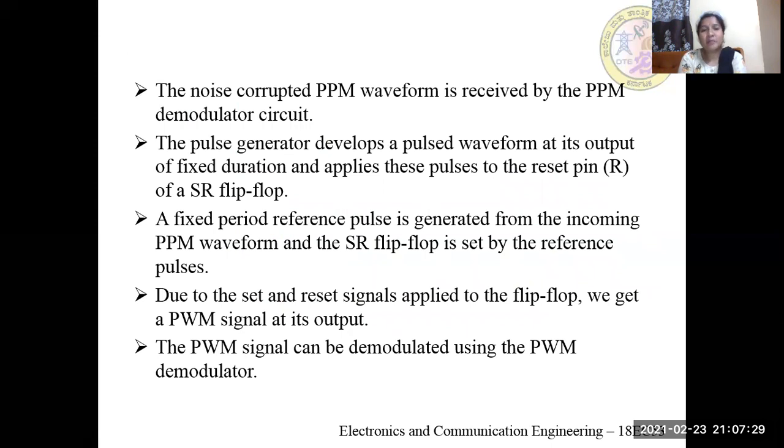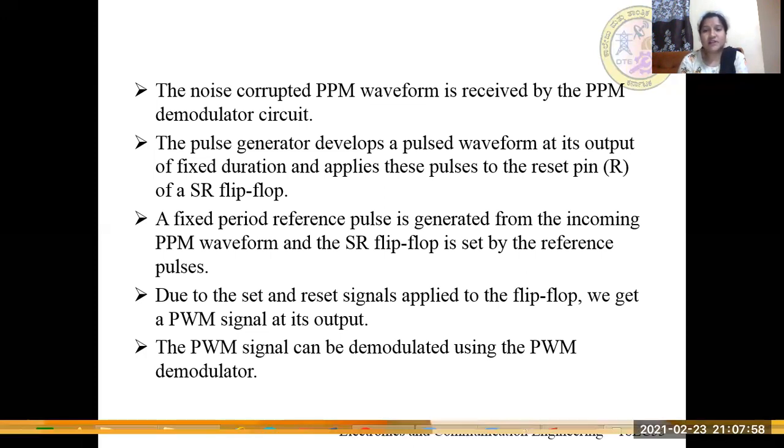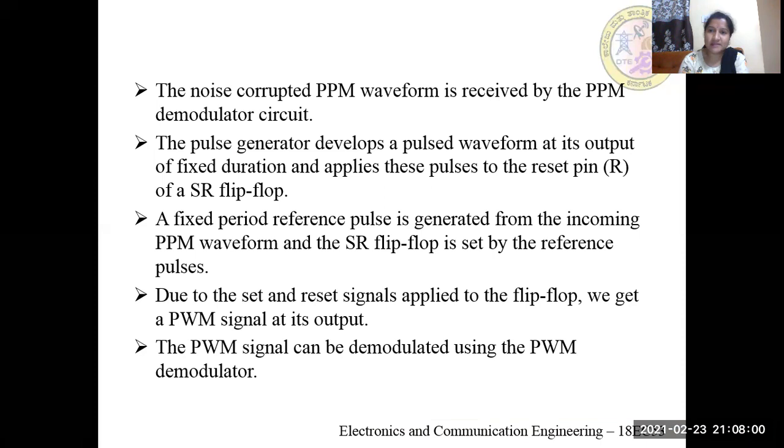The noise corrupted PPM waveform is received by the PPM demodulator circuit. The pulse generator develops a pulsed waveform at its output of fixed duration and applies these pulses to the reset pin R of the SR flip-flop. The fixed period reference pulse is generated from the incoming PPM, and the SR flip-flop is set by the reference pulses.